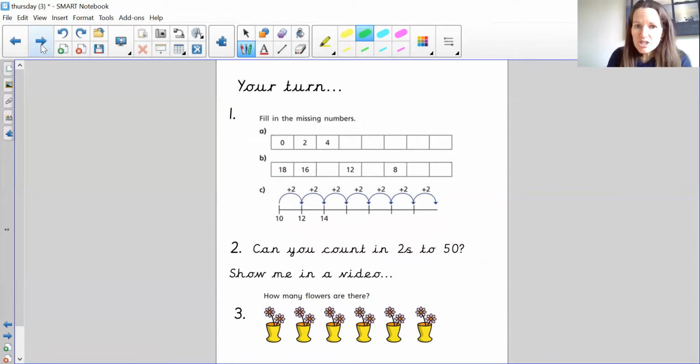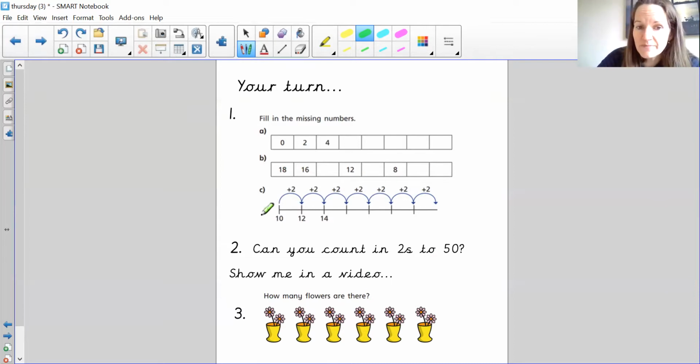So you've got a few questions. So number 1 says, fill in the missing numbers. So there are 3 parts, A, B, and C. So the first one starts at 0, 2, 4, and you have to fill it in counting by twos. The next one is going backwards. So it starts at 18 and it's going backwards.